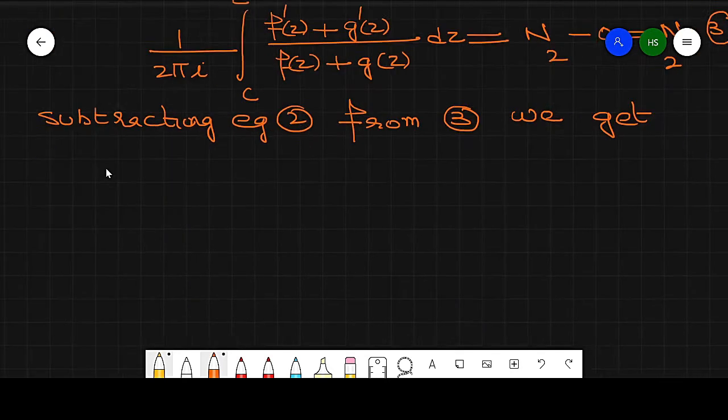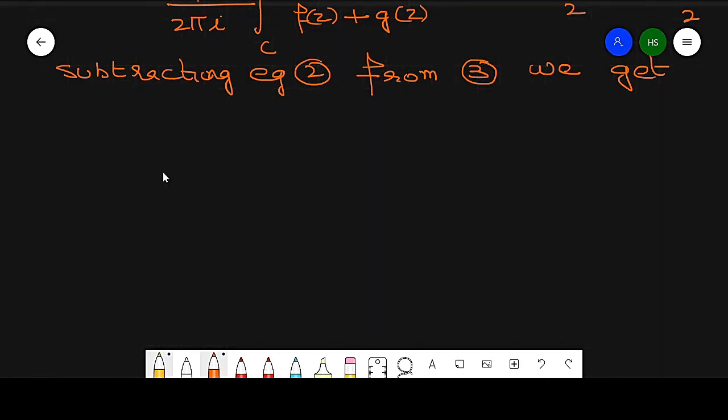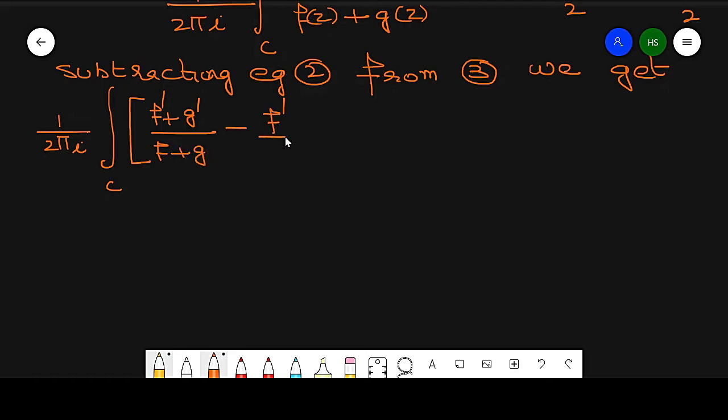This is 1 by 2 pi iota, which is a common part, integration around C, bracket f dash plus g dash over f plus g minus f dash over f. So I write it again.